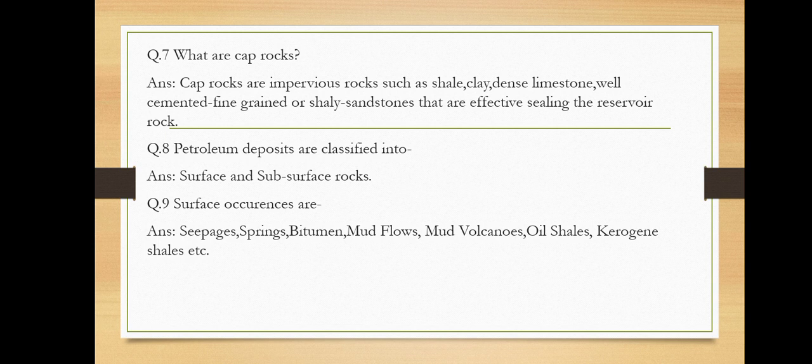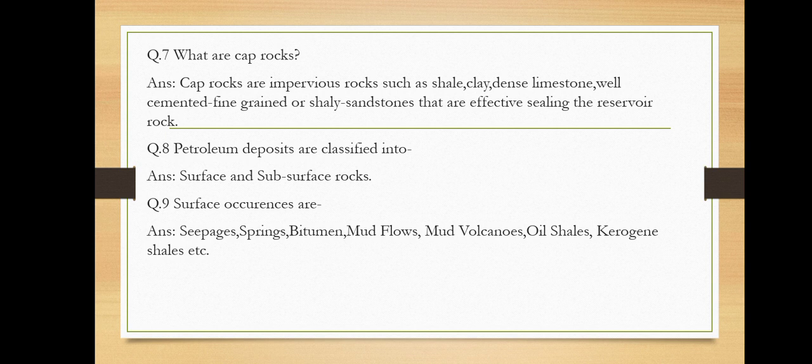Because reservoir rocks are very permeable and porous, there is a high chance that the oil may migrate to other adjacent rocks. So here comes the role of cap rocks. Because of the cap rocks, the oil remains accumulated in the reservoir rock.